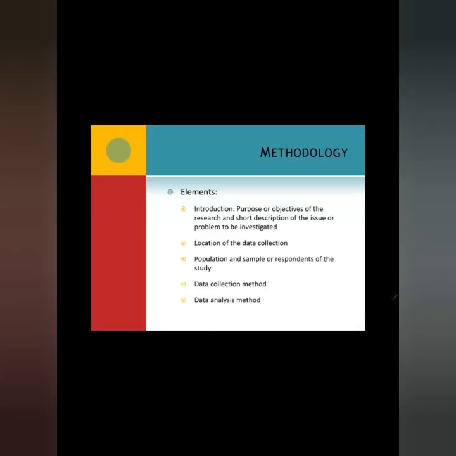Okay, so chapter 3 is methodology. In the methodology, the elements you will have to include are, for example, a bit of introduction on the research again, so that people will know what your research is about and be reminded of it.